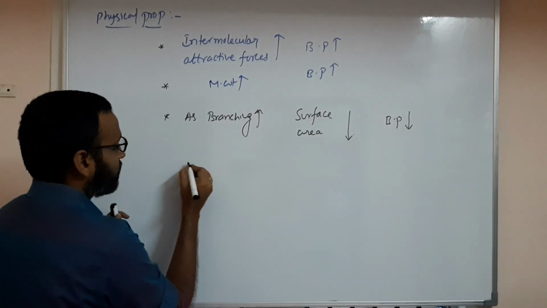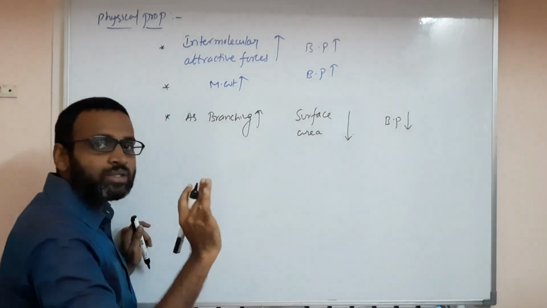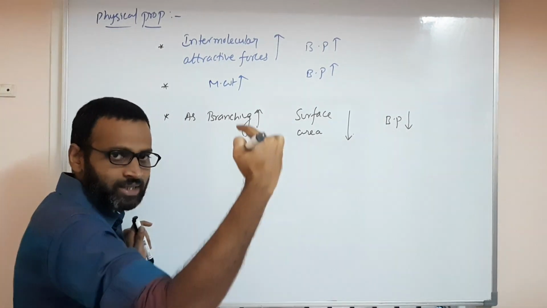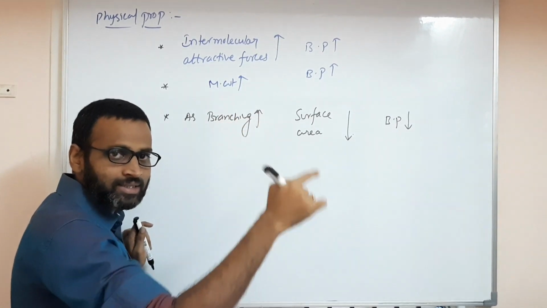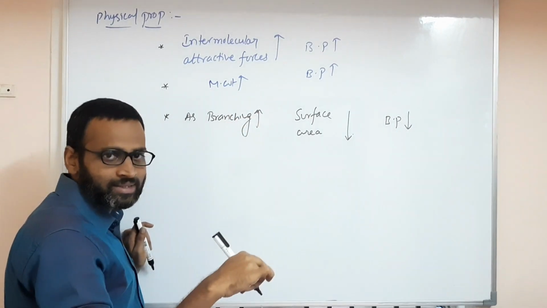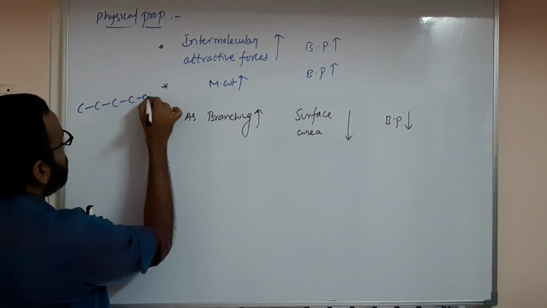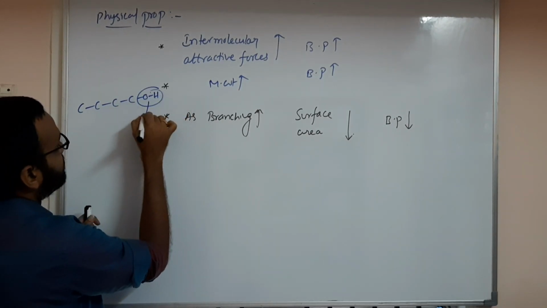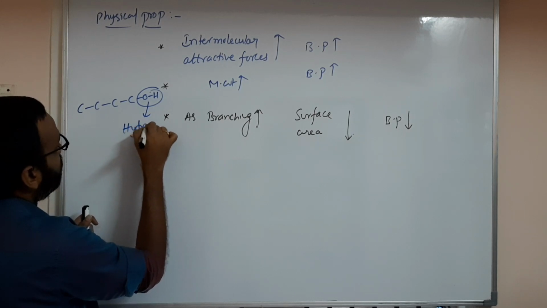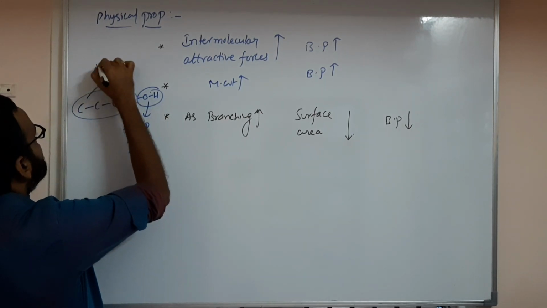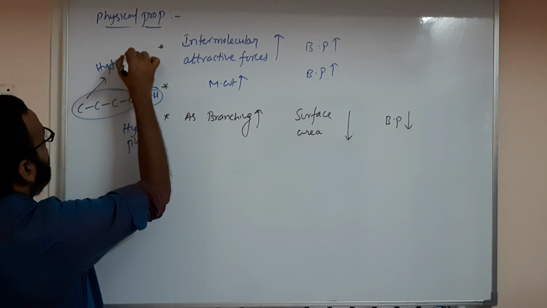So what I am saying is alcohols are soluble in water, but as the number of carbons increases, hydrophobic nature increases, so solubility decreases, because the carbon chain is hydrophobic. OH is hydrophilic, but this carbon chain is hydrophobic.